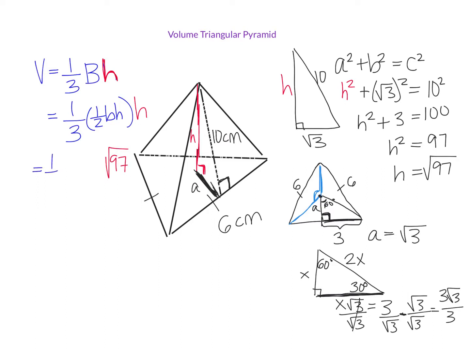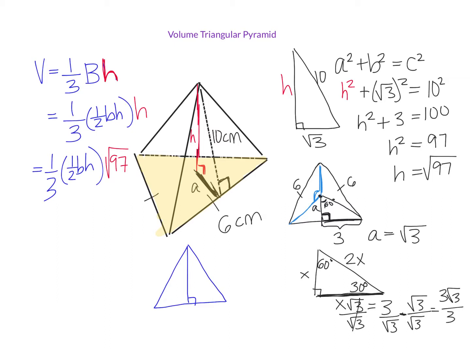So we have 1/3 times area of the base, which is a triangle, times the height. Now let's calculate the area of our triangle. So there's a lot of different ways we could calculate the area of the base, which is, let me just go ahead and highlight the base so we know what we're looking at. This is the base of our pyramid, and it's an equilateral triangle.